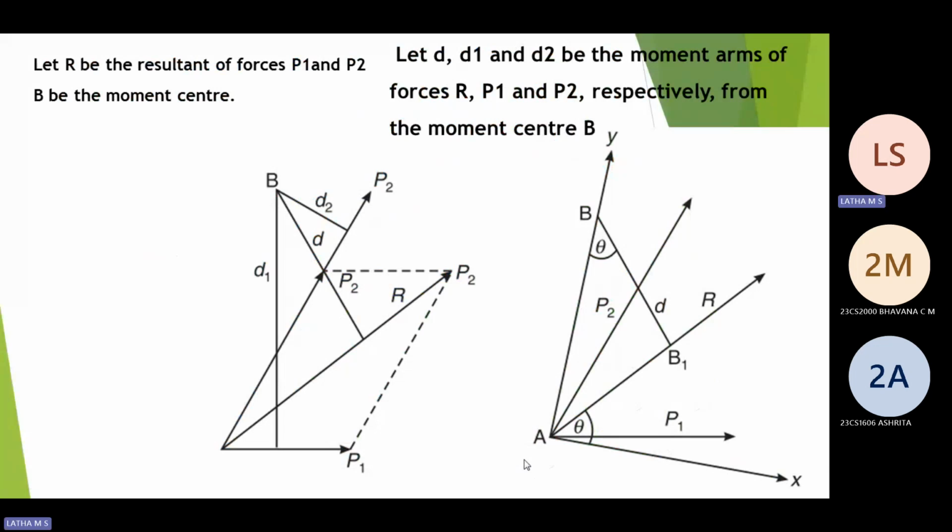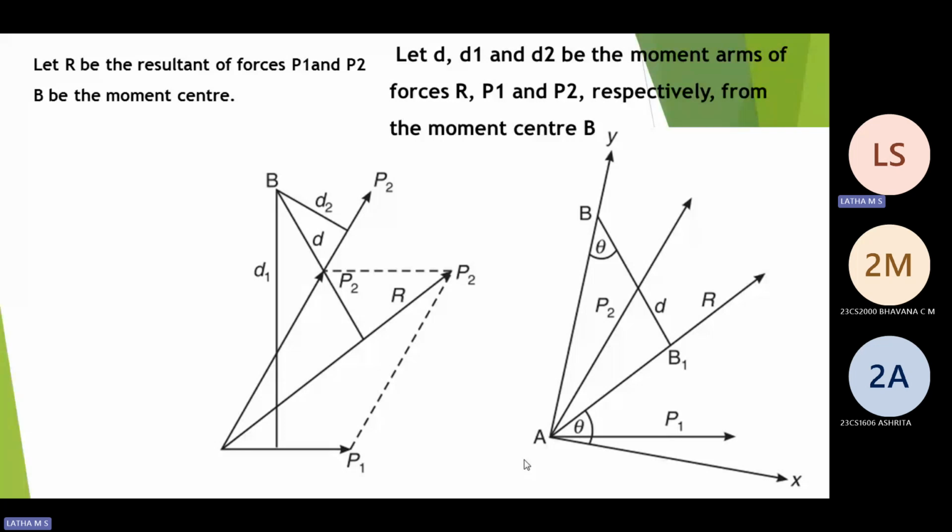Now theta. Then what about B1? B1 is here and P2 is here. What is B1? The point which I have shown as B there has been moved or located on the y-axis as B1.